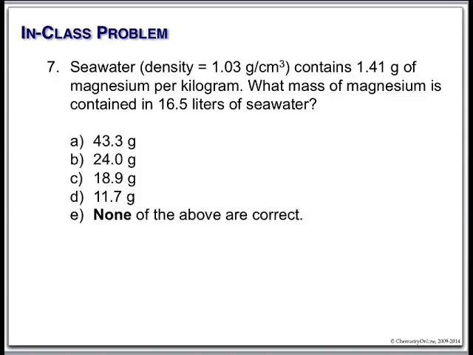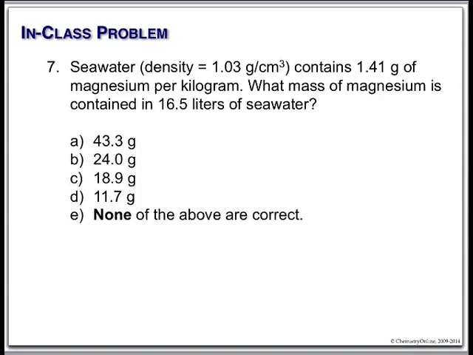This is 16,500 milliliters, isn't it? Which is the same as 16,500 cubic centimeters. Now just doing a ballpark here, the density is about 1. So from this 16,500 cubic centimeters, about 16,500 grams.